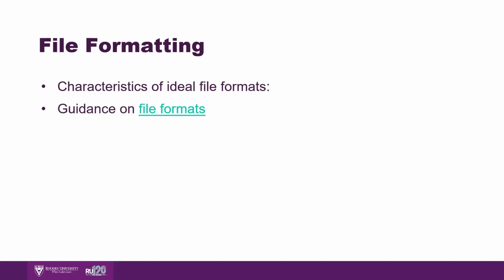The idea behind this is that you want to avoid the effects of long-term technological obsolescence. Is there anyone here who's familiar with the tool known as Lotus 123? Oh, no. All right. Lotus 123 was one of the earliest spreadsheet programs that existed in the early to mid 80s.